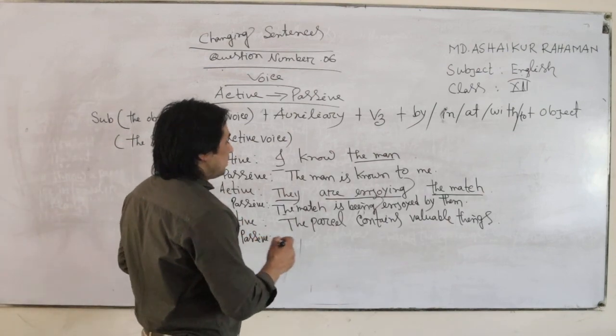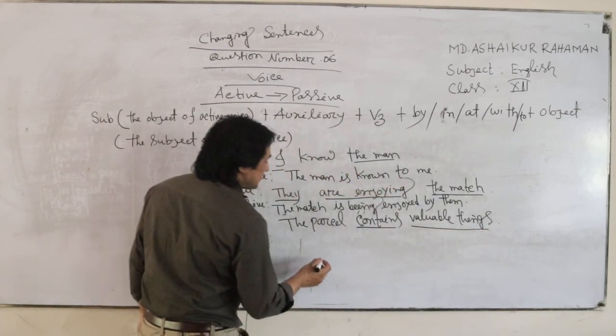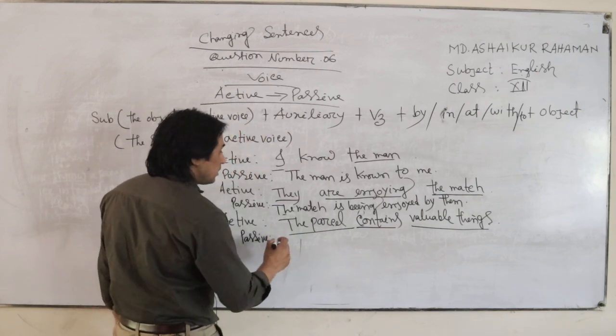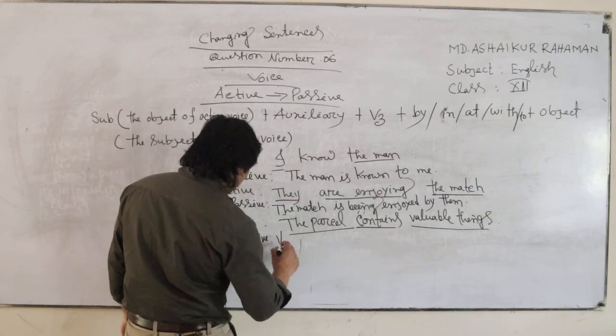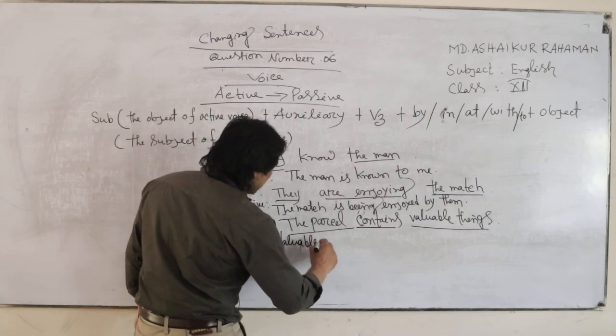So let us identify: the verb is contains, valuable things is the object, and the parcel is the subject. Let's exchange the places. If we do it in passive, valuable things.